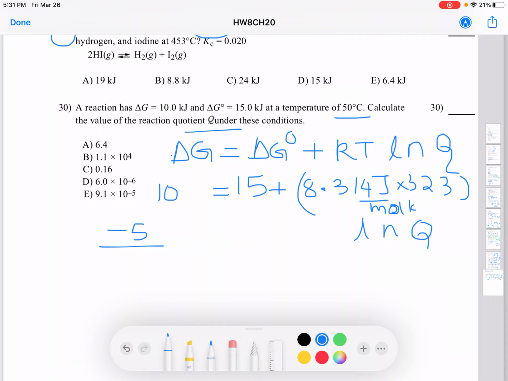So when you convert it to kilojoules, you will get a number like this, 2.68. Maybe you guys can do it, yeah, 2.68. There would be ln Q, and then Q would be e to that value. Maybe it's a negative value. That will give you the reaction quotient.